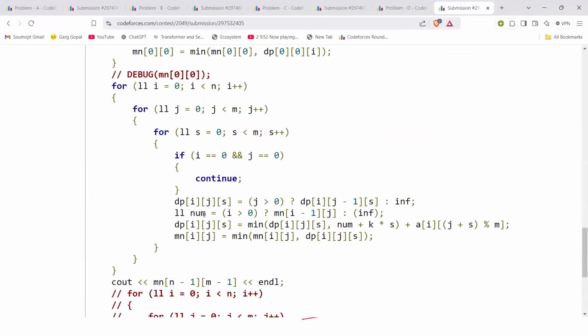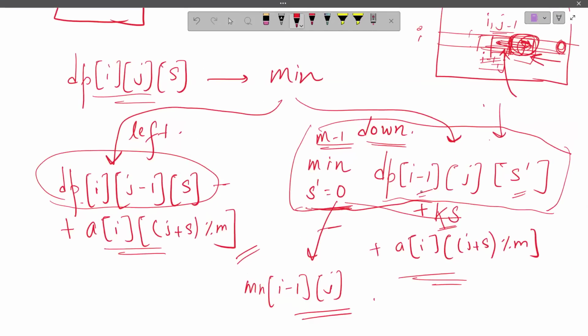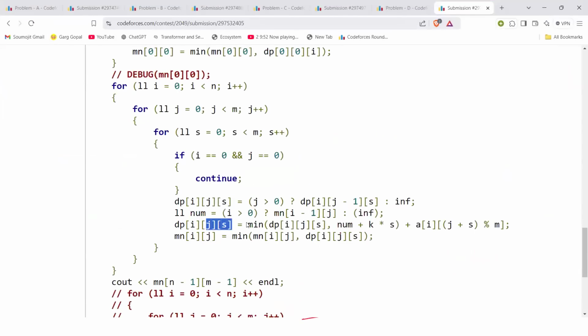And then in the num variable, I've stored the value of mn i minus 1 j, because I know that this entire thing is simply mn i minus 1 j. So num is basically mn i minus 1 j, and then dp i j s is simply the minimum of dp i j s and num plus k s. So k s is the cost we add for shifting the operations, and then we add this common value a i j plus s modulo m, which we need to add.